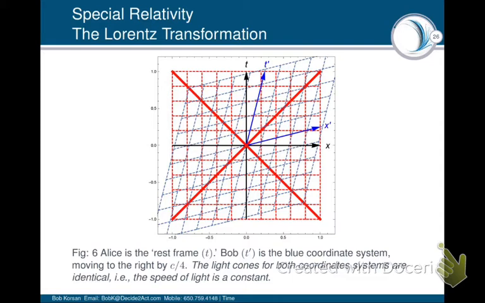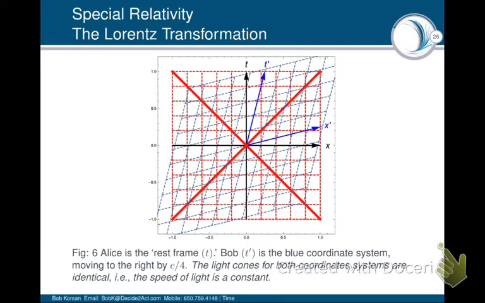Okay, what do the coordinate systems for different observers look like? Well, Alice is the rest frame, and hence looks very Cartesian.